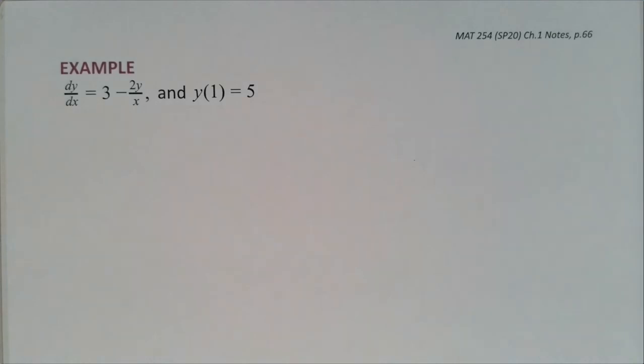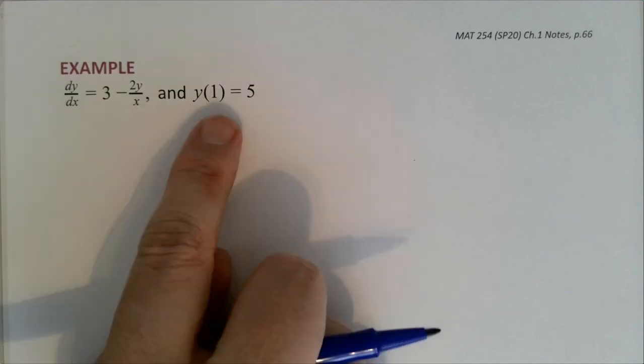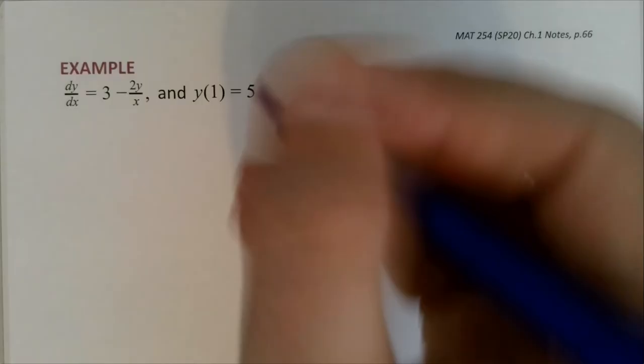So now that we have an idea of how this integrating factor method works, we're going to take it out for a spin and try to solve a differential equation. Specifically in this case, we've got a differential equation in terms of y and x, and we have an initial condition. So really we're going to do two things.